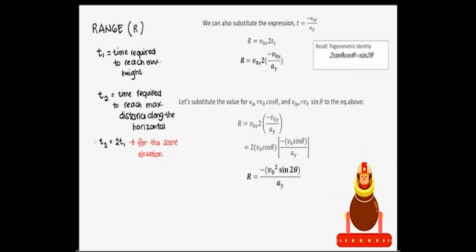So, the final formula for range is equal to negative v sub 0 squared sine 2 theta all over a sub y. Okay, how to input sine 2 theta? All you just need to do is input sine, then 2 times the angle.